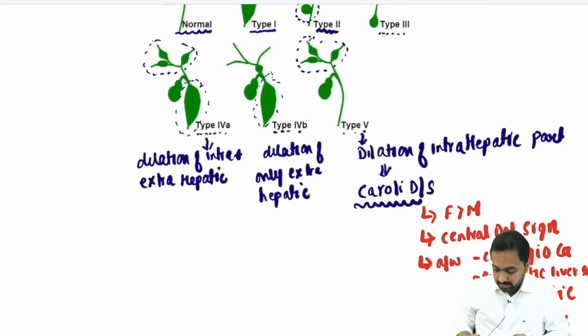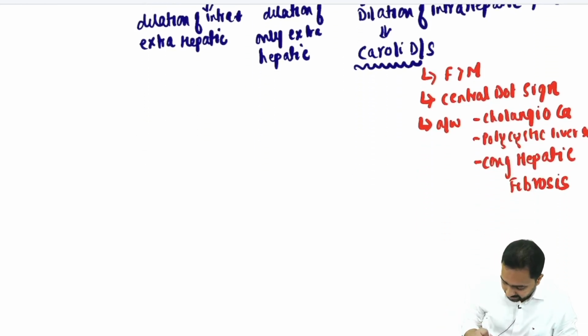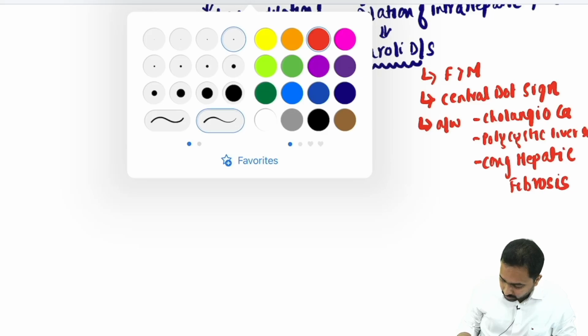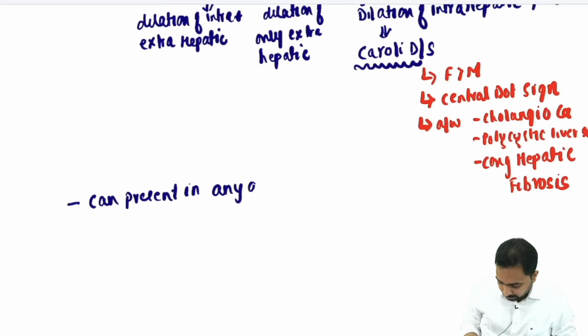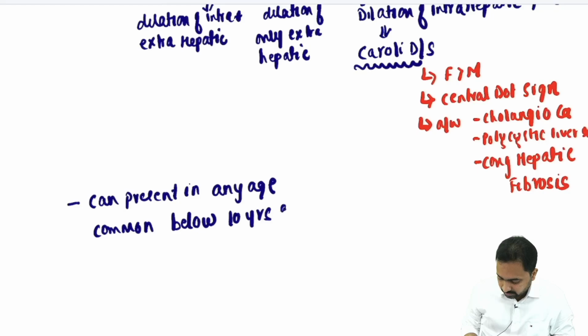Now coming down to the various clinical presentations of the choledochal cyst. It can present at any age, but it is common below 10 years of age, right?